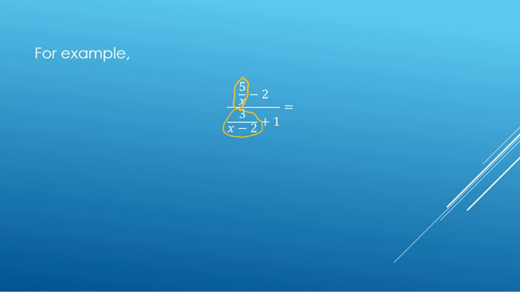I'm going to take the bottoms of each of these fractions. I'm going to take their product. That was step 1. So my product that I'm working with here is x times x minus 2. And now I'm going to multiply on the top and bottom of this big fraction by that x times x minus 2.